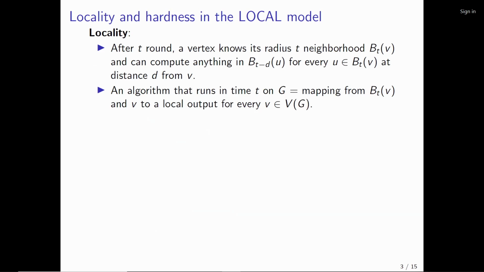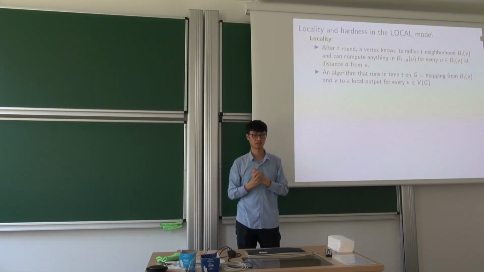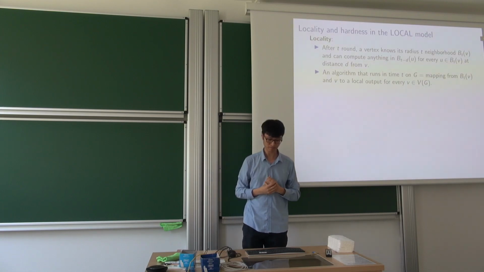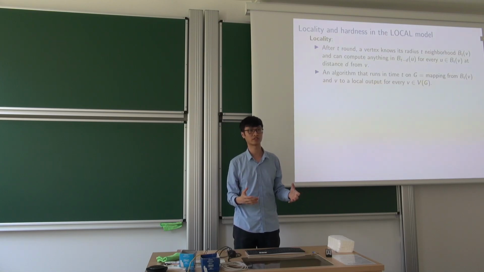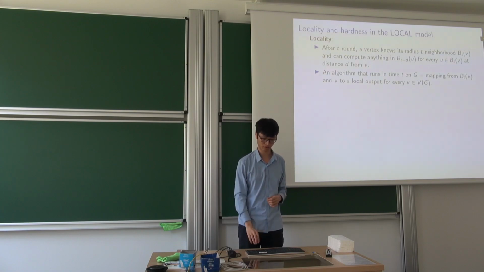So if you don't want to remember all these synchronous rounds and sending and receiving messages, you can just see it as: you take all the pairs of vertices and balls around these vertices in your graph, and knowing this, you have to produce some output. Of course, the vertices are labeled with their identifiers. Okay, so this is another way of seeing what a deterministic algorithm is in the local model.